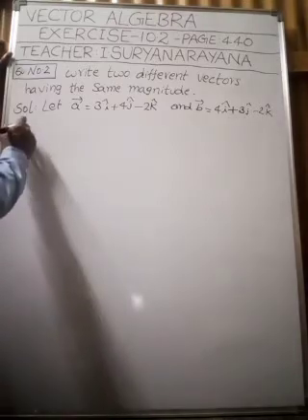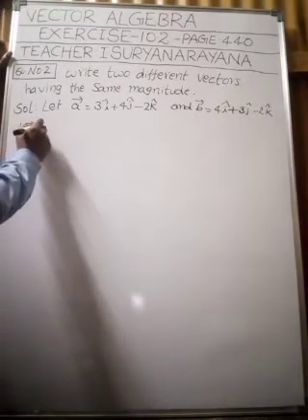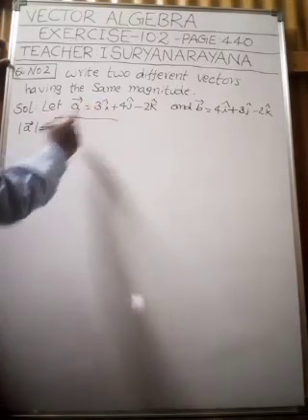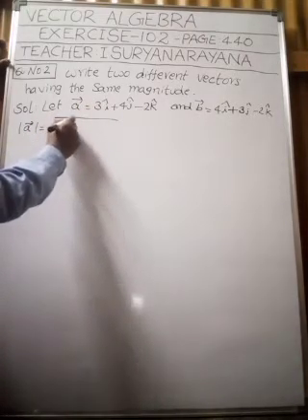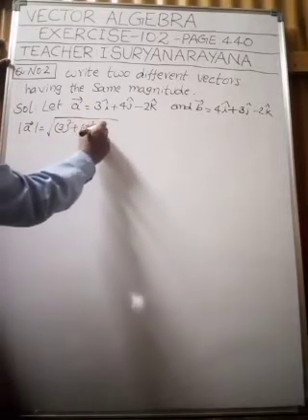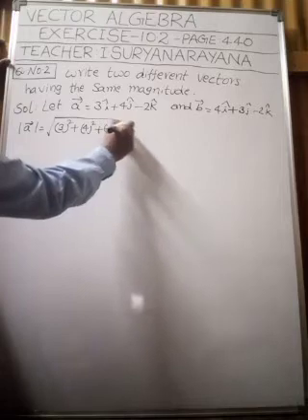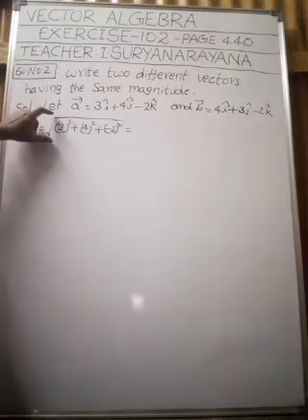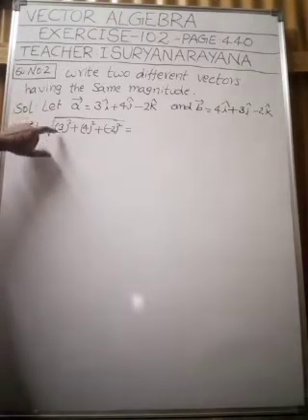Okay, my children. So let us compute the magnitude of a bar. Same as the previous question. We have to find the length of this vector: 3 square plus 4 square plus minus 2 whole square. Okay, my children. In the first question, we have found the magnitude. We have computed the magnitude of a given vector.